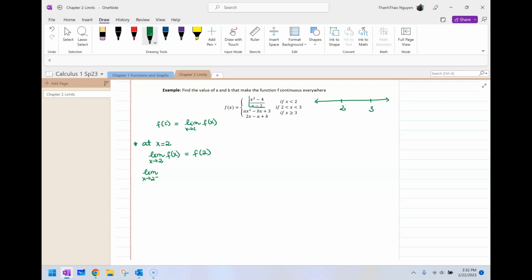So at x approaches 2 from the left, the function becomes x squared minus 4 divided by x minus 2. We want this equal to the limit as x approaches 2 from the right, where we'll consider ax squared minus bx plus 3.